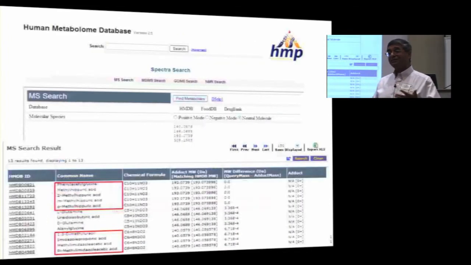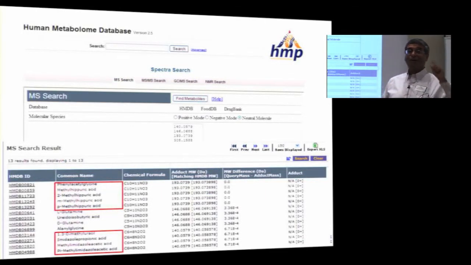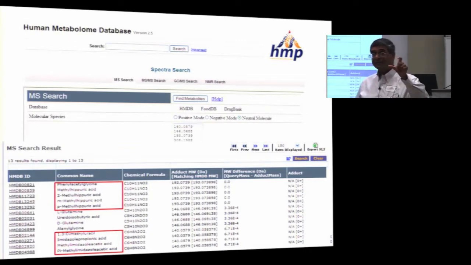But you could see some of the problems with going just by the mass or even the retention time in your untargeted analysis. For example, you have an adduct with a molecular weight of 193.0739. This is very, very accurate, you would think, molecular weight-wise. But there are about 6 compounds in the database that have the same mass. And many of them are isomers, so they will probably have the same retention time on the column.